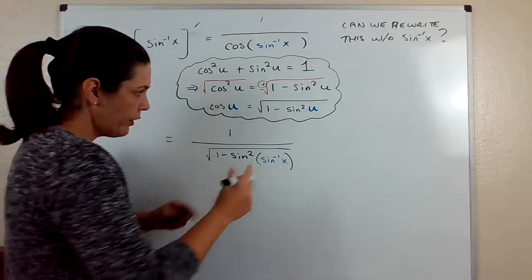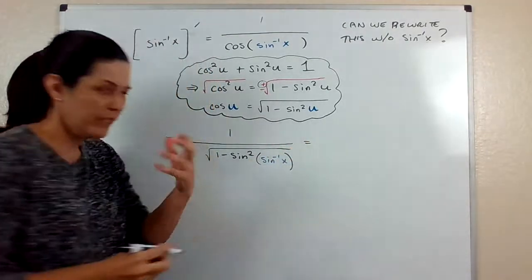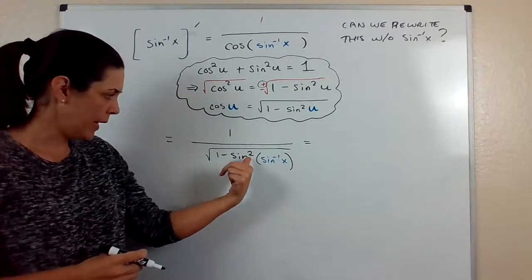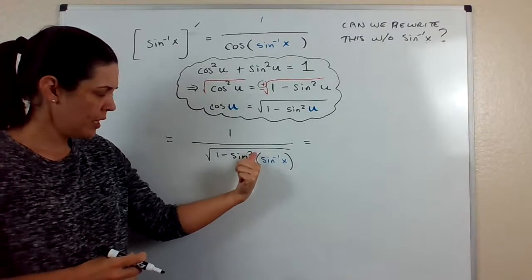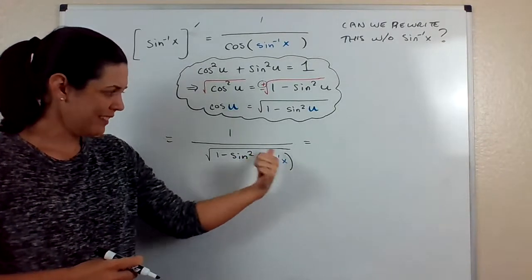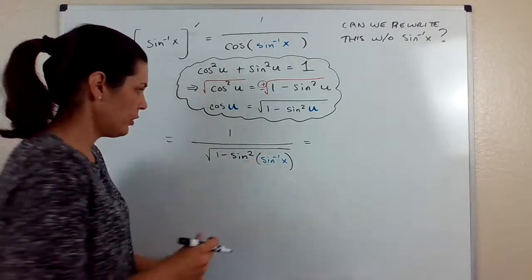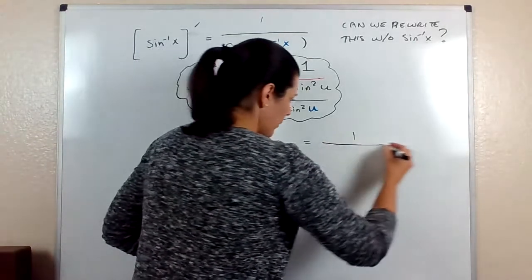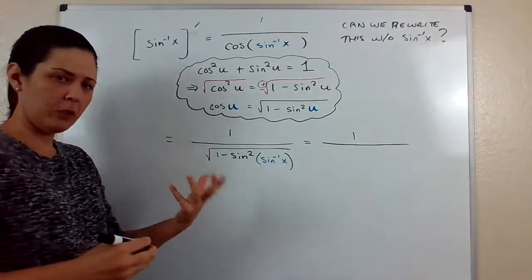Whenever you're dealing with trig functions, we tend to write it this way where the power goes next to our function, but what we're taking the trig function of, the argument, is behind that. So I'm going to rewrite it so it looks more manageable.